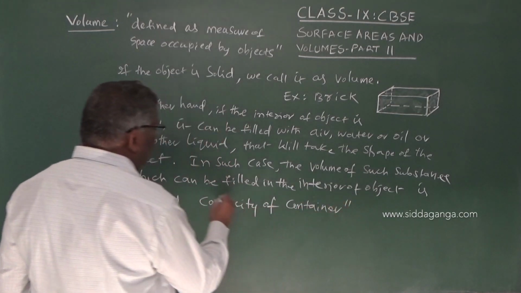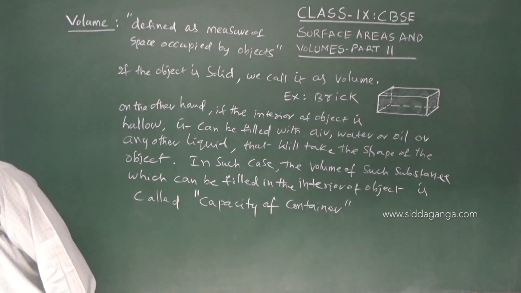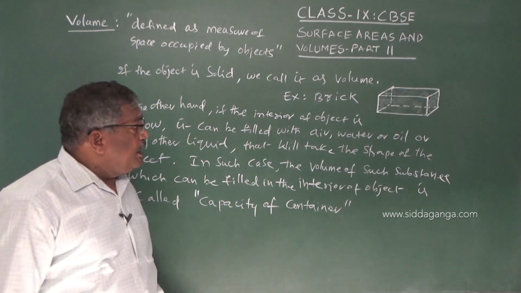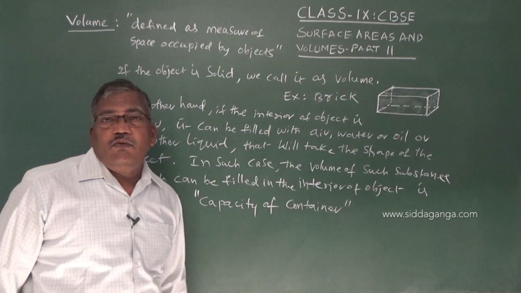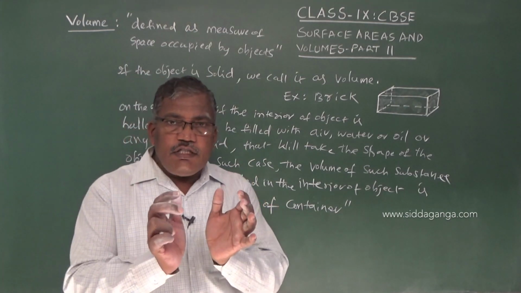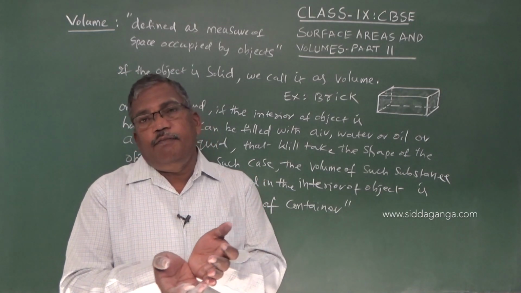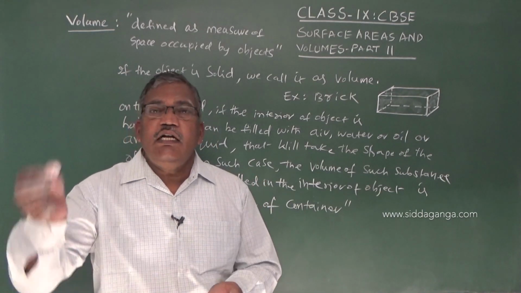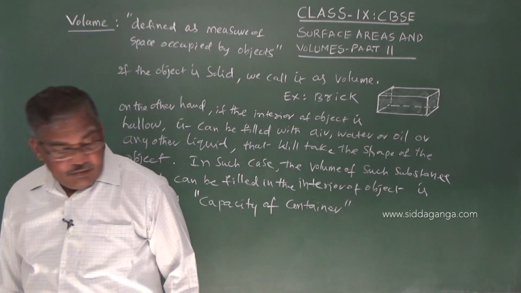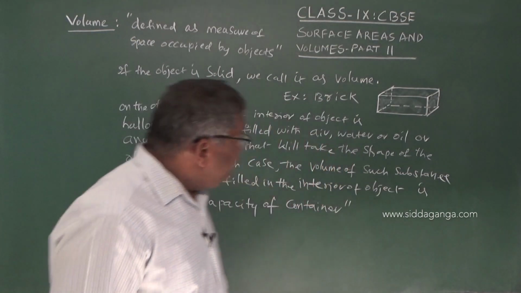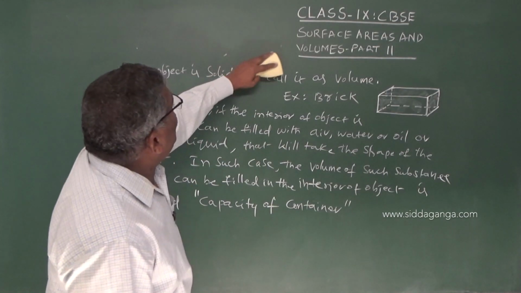A container may be a water tank, may be a bowl, whatever it is. So that is the difference between the volume and capacity. So volume refers to the solid objects, and the capacity of the container refers to the hollow objects where we can fill some sort of liquid or air. So this is all about definition of volume.